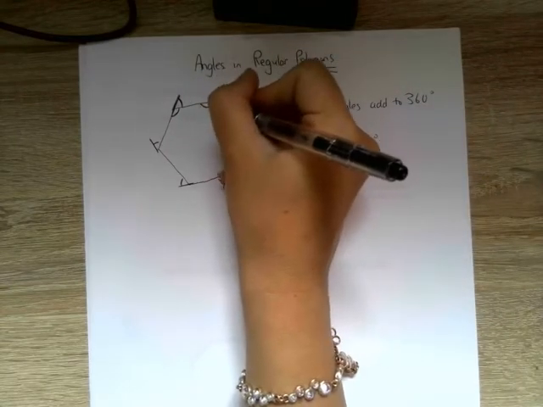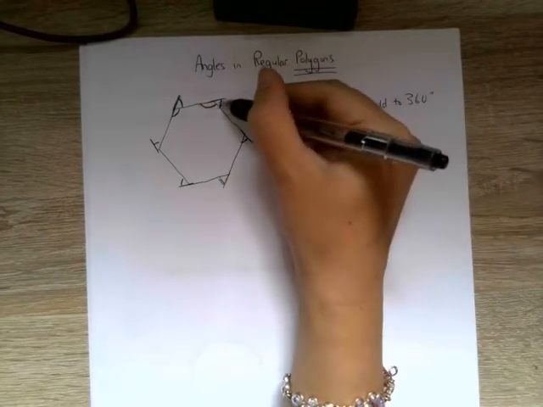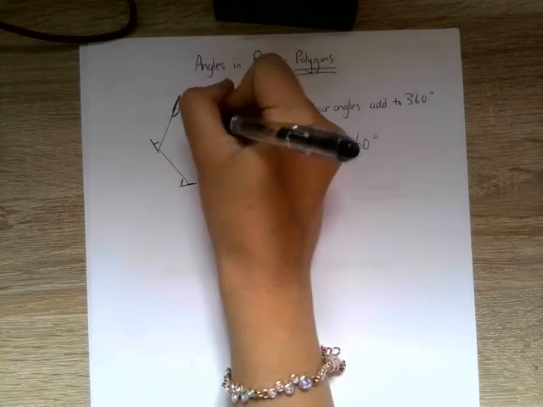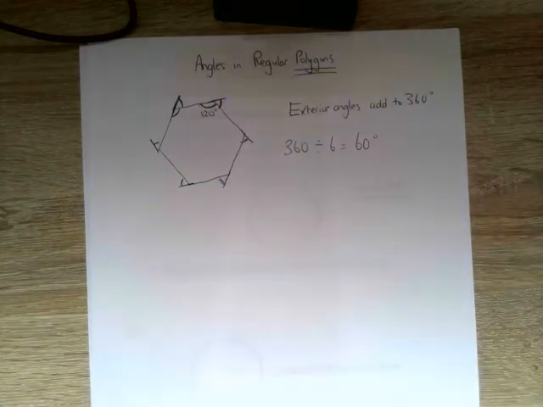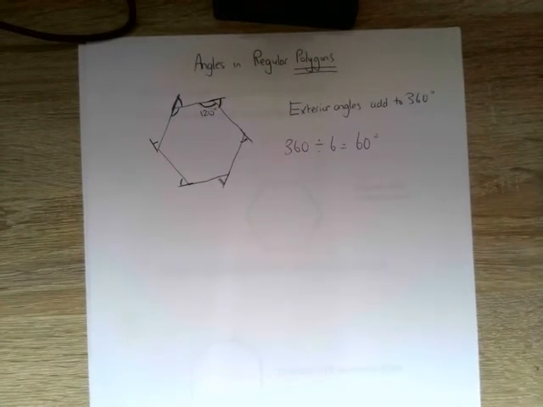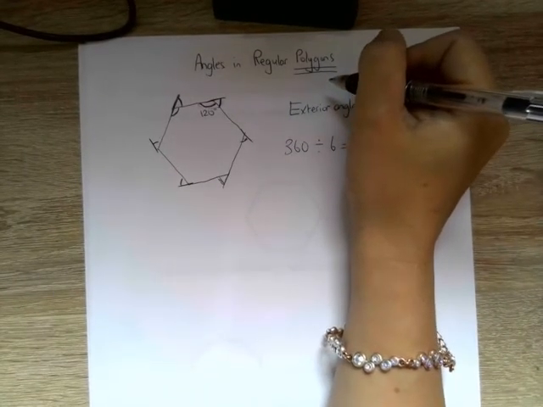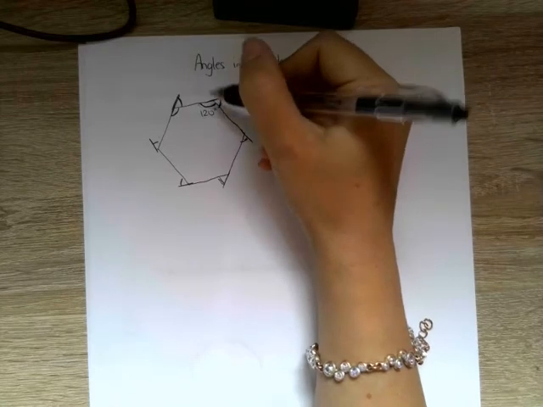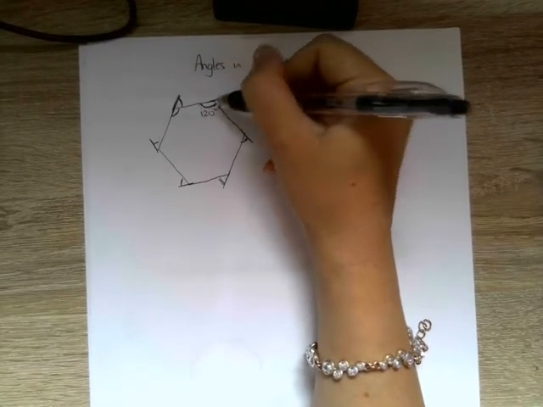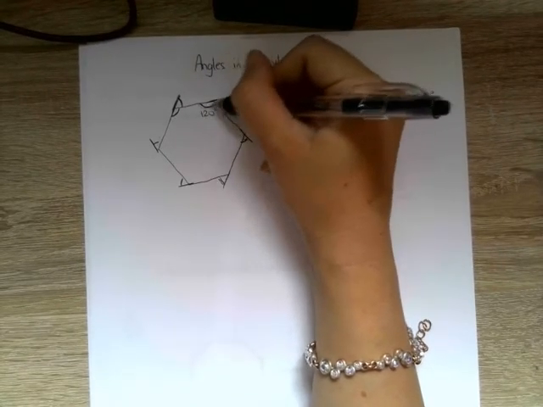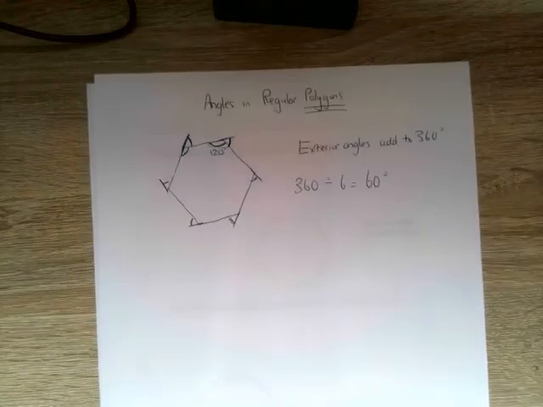And therefore the interior one, if we do 180, take away the 60, must be 120. So I personally think, if you're having questions with regular polygons, which they tend to be in the exam, even if the question's asking for the interior angle, work out the exterior one and then just take it away from 180.